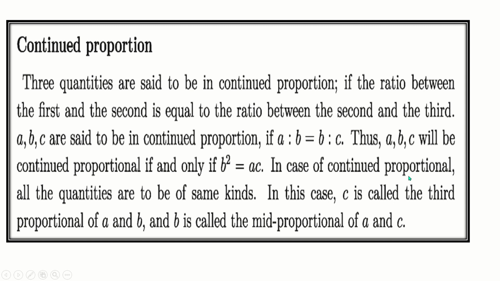In case of continued proportion, all the quantities are to be of the same kind. In this case, C is called the third proportional of A and B, and B is called the mean proportional of A and C.